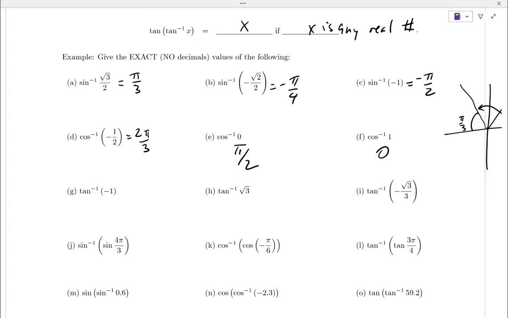All right, so let's look at this one. Again, I always like to ignore the negative first so that I can figure out what reference angle I'm talking about. Okay? So I want to know, when you take the tangent of what angle, how do you get 1 out? It's going to be pi over 4. Think about it another way.